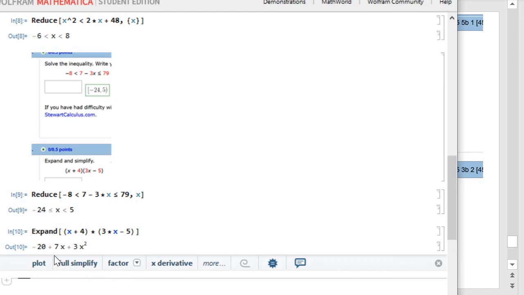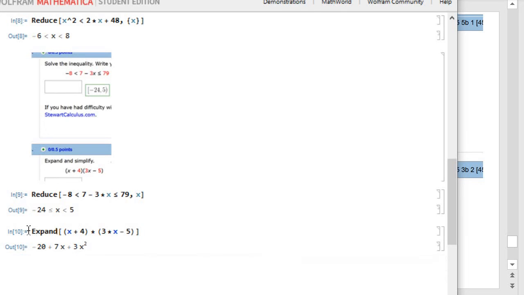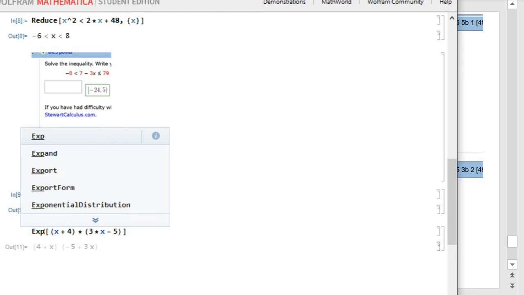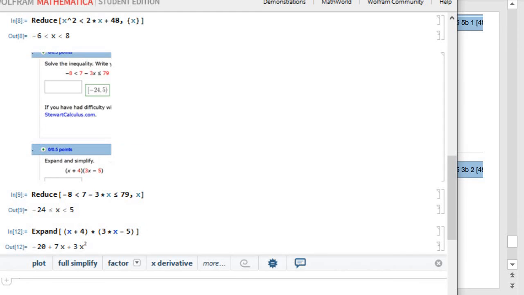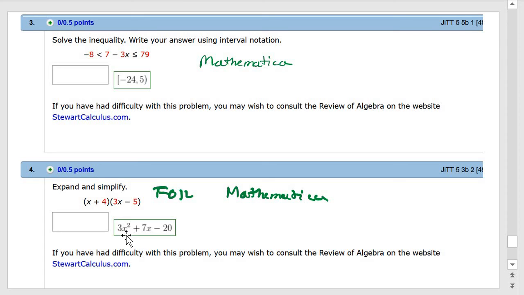We usually write 3x squared plus 7x minus 20. That's the way we write it. We write it with the leading term first. It doesn't matter. I can see the answer here. You could have also done Simplify. I didn't do that. Expand was what I needed. So it's pretty cool. So if you go back here, you'll look and see 3x squared plus 7x minus 20.